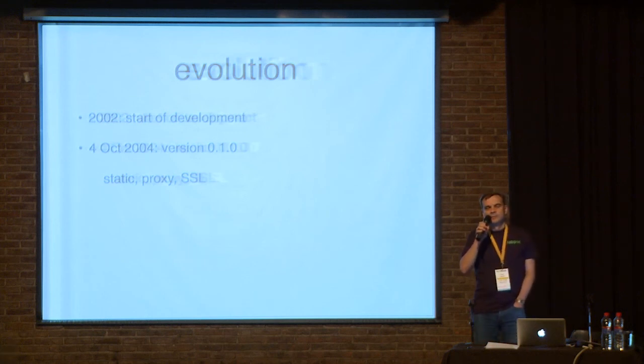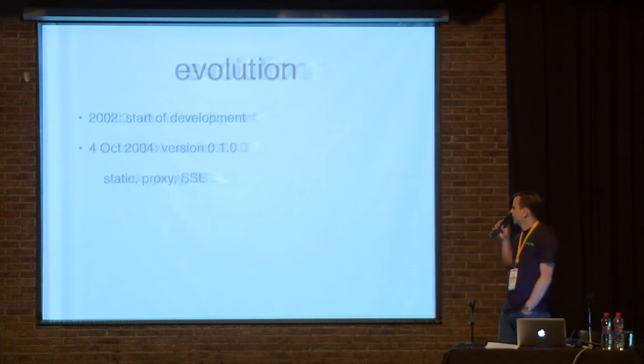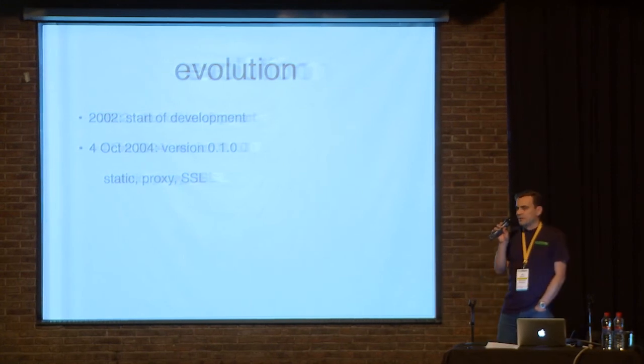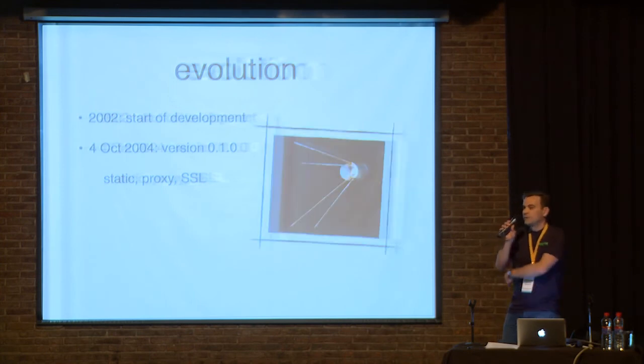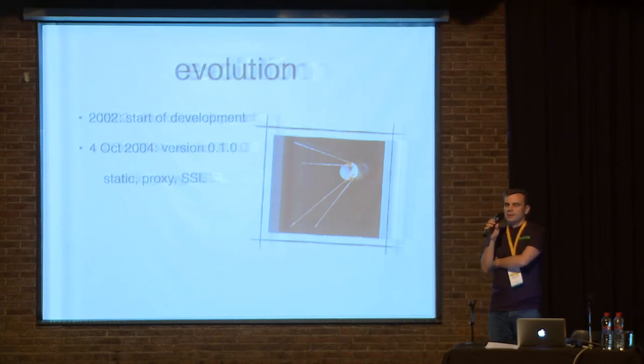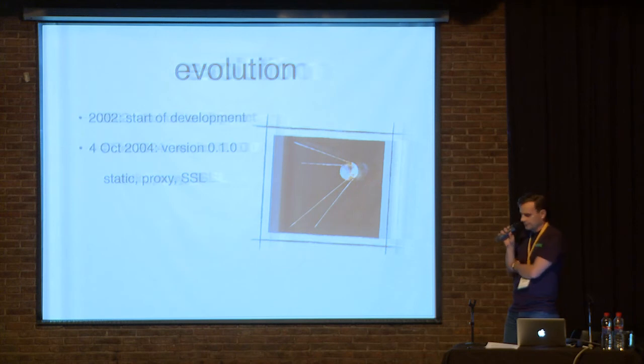The first release could serve static files, proxy requests to a remote host, and support SSL using the OpenSSL library. That day was not accidental. It was the 47th anniversary of the launch of the first artificial satellite, the Soviet Sputnik.